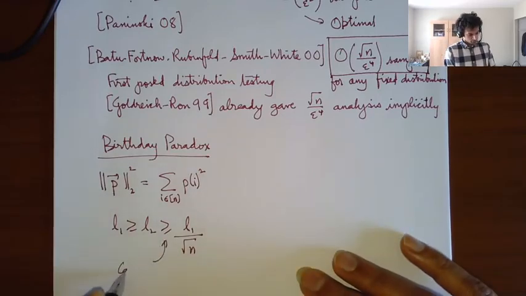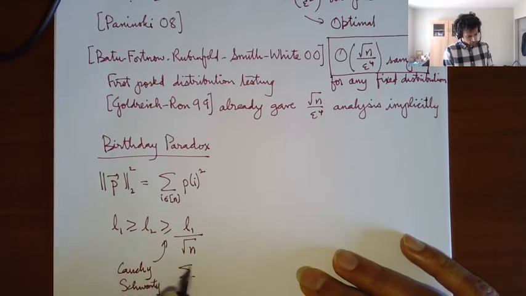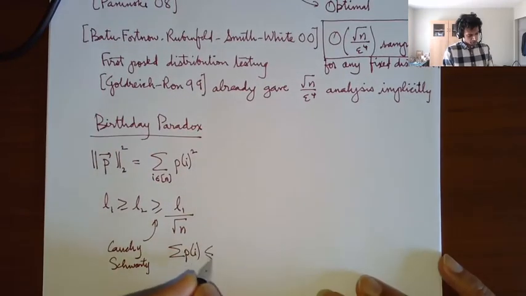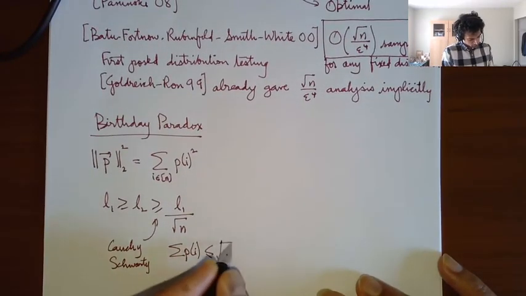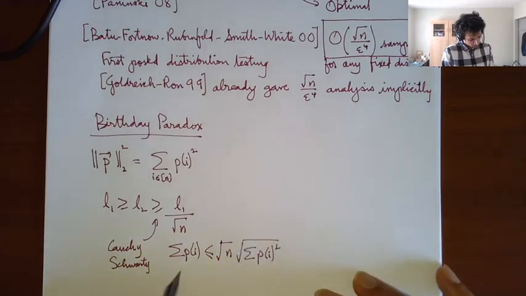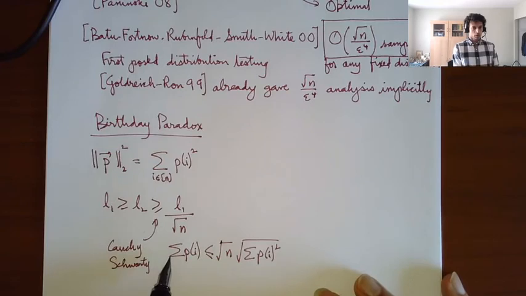This is Cauchy-Schwarz, because you can say the summation of p of i is at most square root of n times the square root of the summation of p of i squared.